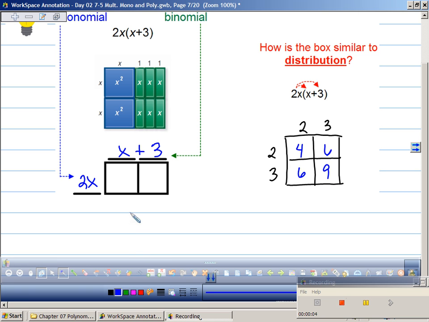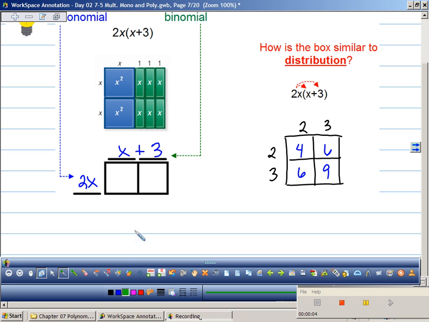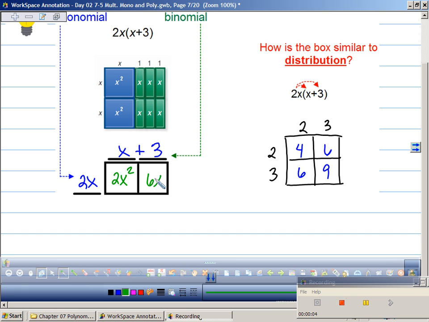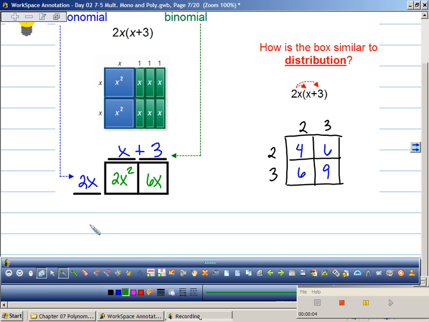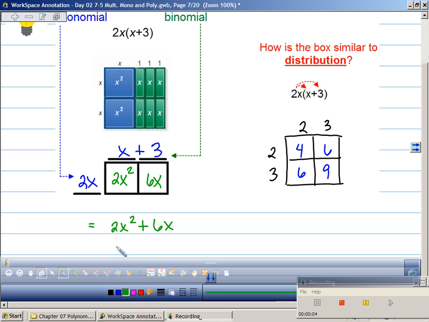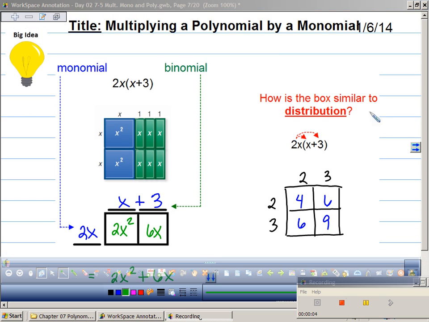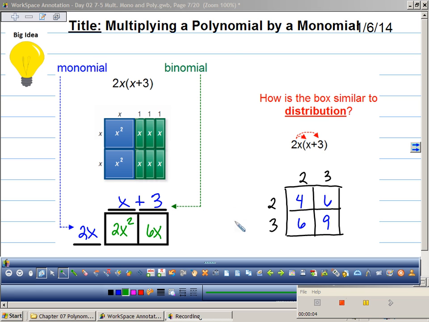Let's treat it just like a multiplication chart. 2x times x is 2x squared. 2x times 3 is 6x. So my answer is 2x squared plus 6x. Just like here, 2x squared and 6x's. So that's what we're going to do today. That's the big idea. We're going to take a monomial and multiply it by a polynomial, and we're going to do that using an area model.